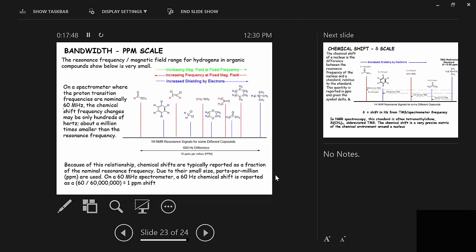And then we measure it in parts per million. And so here, this would be 1 ppm, 2 ppm, 3 ppm. And we can see that the different hydrogens absorb at different values. This one's going to be more shielded or less shielded? Less shielded. And so this is going to be farther downfield. The farther downfield we go, the less shielded it is, the more polar it is.